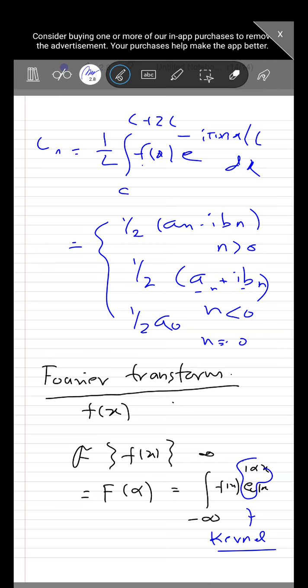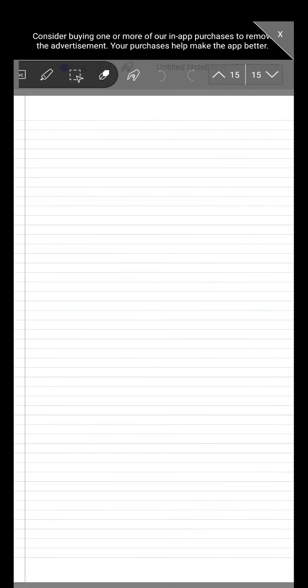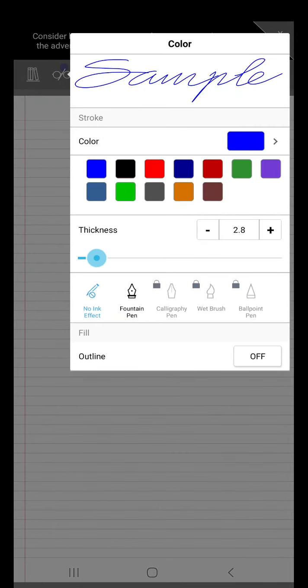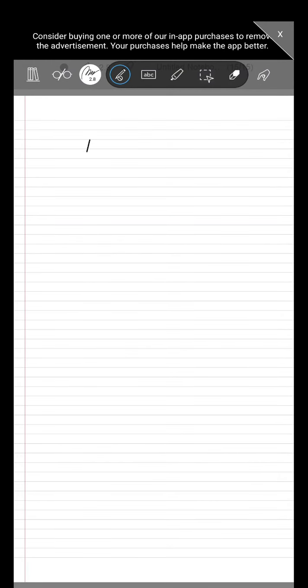Like we have a Fourier transform, we have an inverse Fourier transform, where F(alpha) is transformed back to f(x). So for that, we are now doing the inverse Fourier transform of F(alpha).